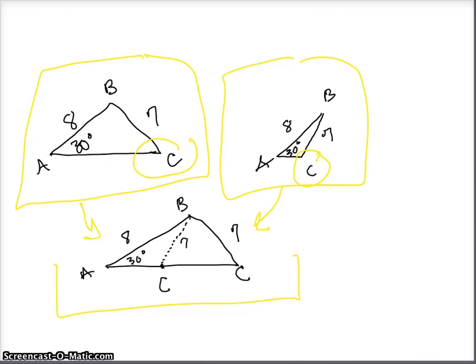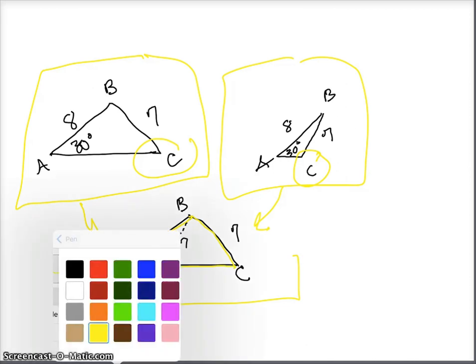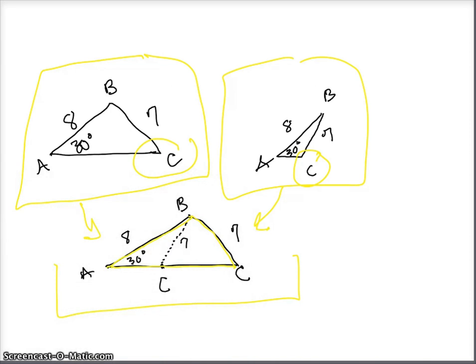So I'm going to trace with yellow the original triangle ABC with the two sides of 7. And you would see that this is one triangle. And now I'm going to trace in blue still side 8 and the other side 7, and then go back to A. And you see that we have a second triangle.